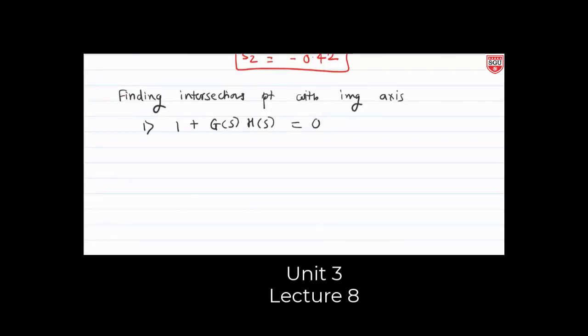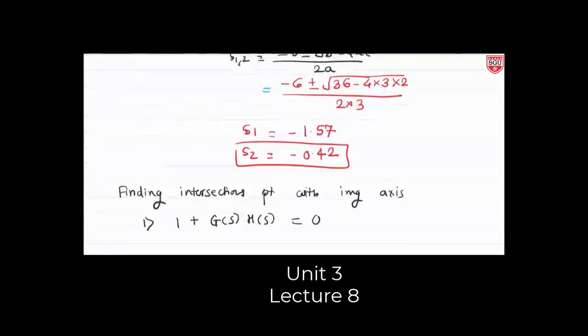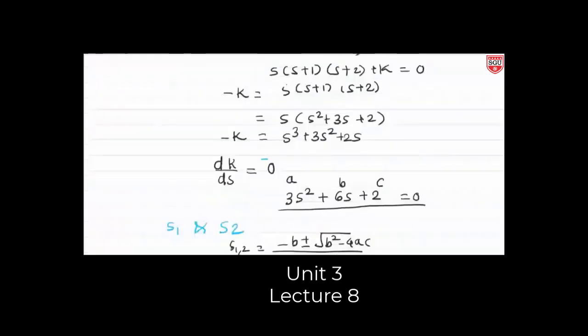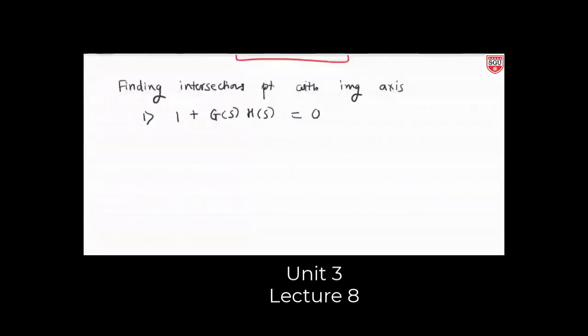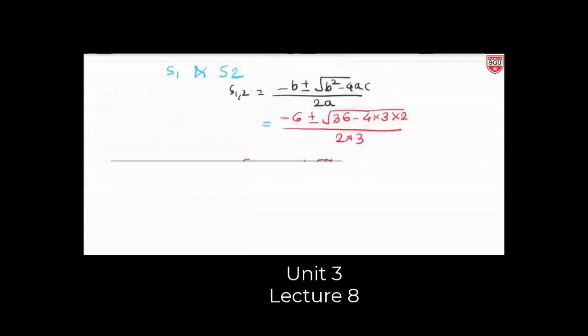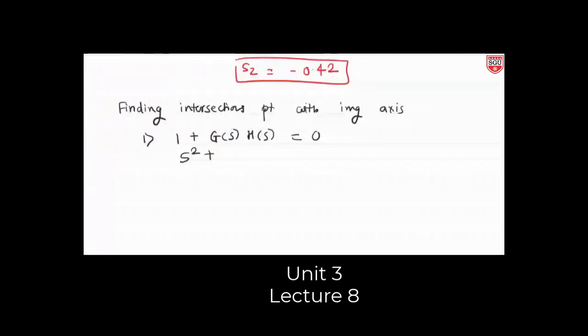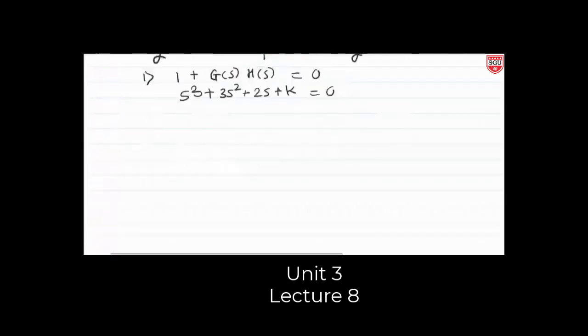That equation is s cube plus 3s square plus 2s plus k is equal to 0. This is the characteristic equation. We will write the Routh's array.